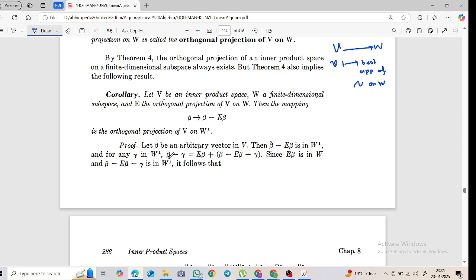For any gamma in W, beta minus gamma... They have written it this way: since E beta is in W, beta minus E beta minus gamma is in W perp, it follows that.